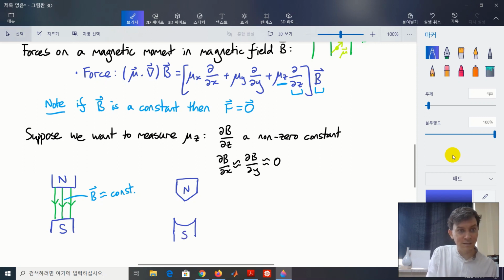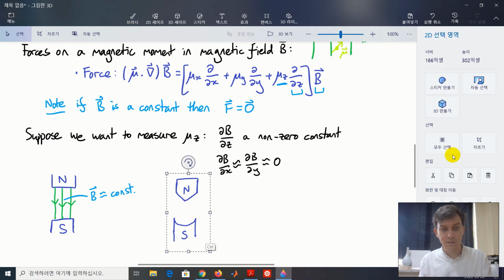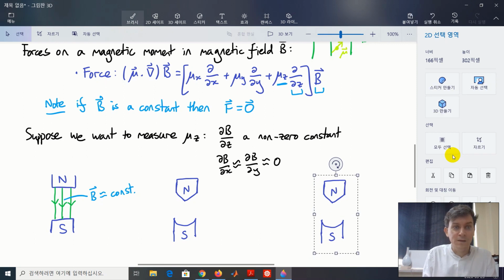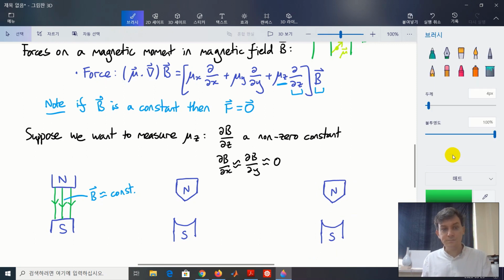I'm going to need this picture for later, so let me just copy it over here for now. If you do that, then you actually get a magnetic field between the north and south poles that looks more like this.